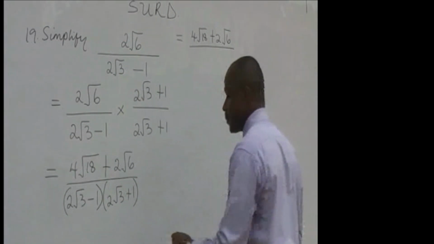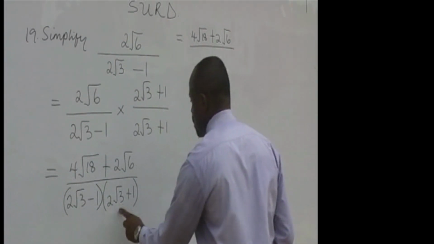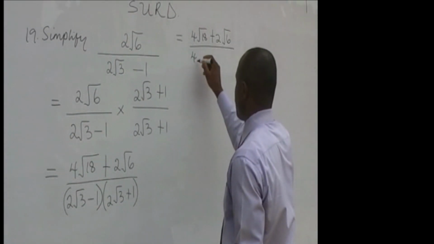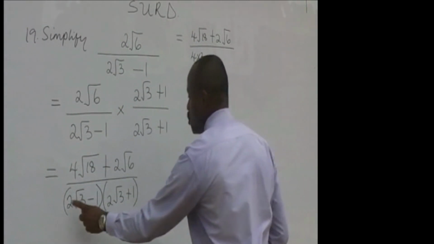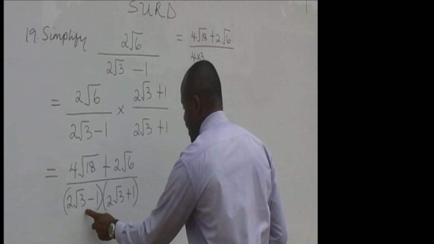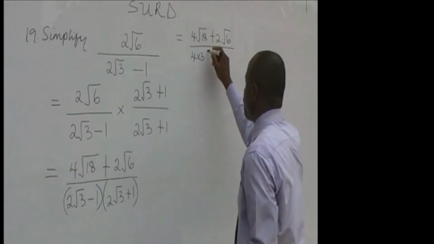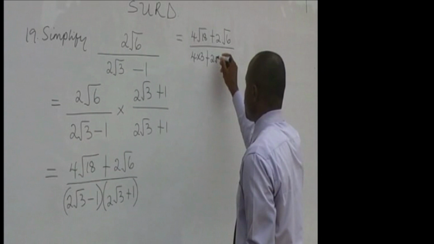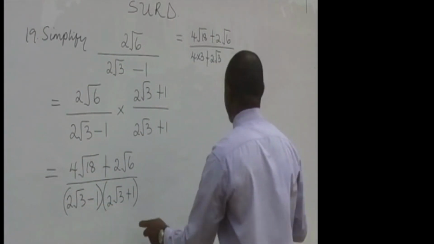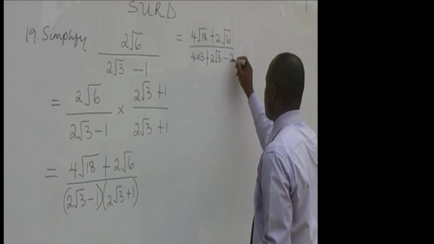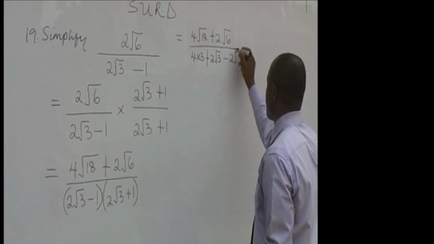all over 2 root 3 times 2 root 3 will give us 4 times 3. Now 2 root 3 times plus 1 will give us plus 2 root 3. Now the last and the first, minus 1 times 2 root 3 is going to give you minus 2 root 3.